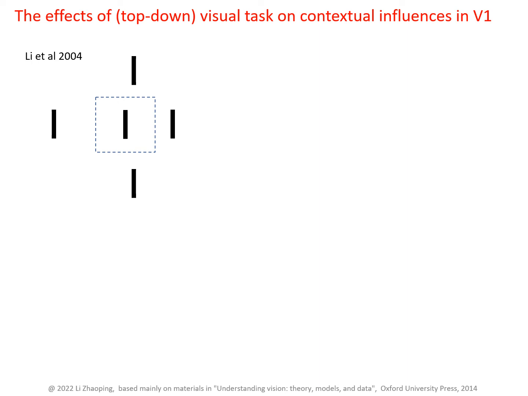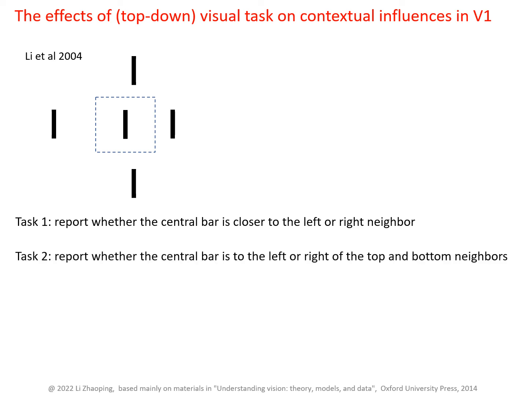Let's say that the monkey could be doing one of the two following tasks. Task 1 is to report whether the central bar is closer to the neighboring bar to its left or to its right, and ignore the bars above and below. In task 2, it is to report whether the central bar is to the left or right of the top and bottom neighbors, and ignore the left and right neighbors.